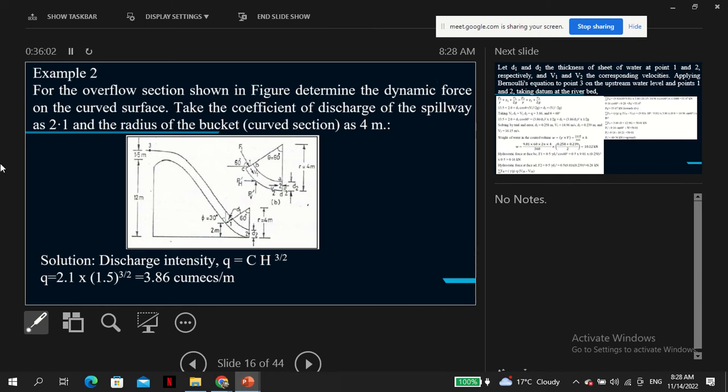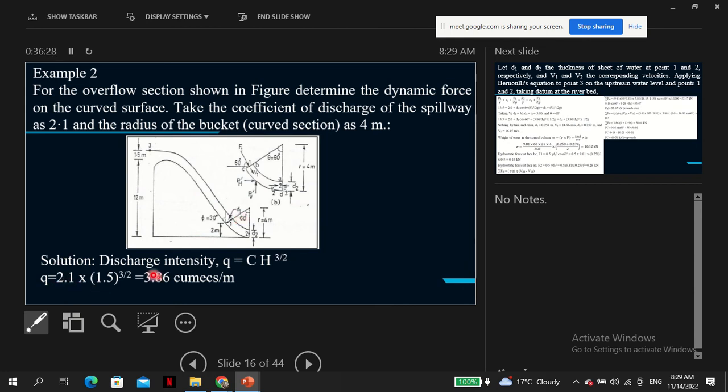So the dynamic force on the curved surface: take the coefficient of discharge on the spillway as 2.1. The radius of the bucket curved section is 4 meters. The discharge intensity can be calculated from the formula shown. Of course, it's simpler when you're given how to calculate the discharge.